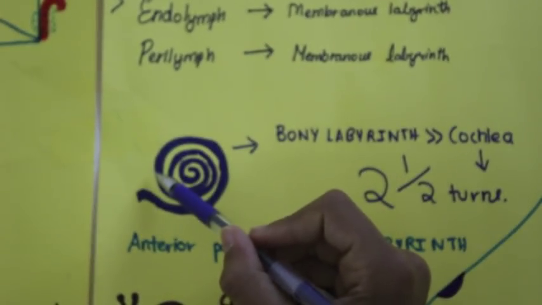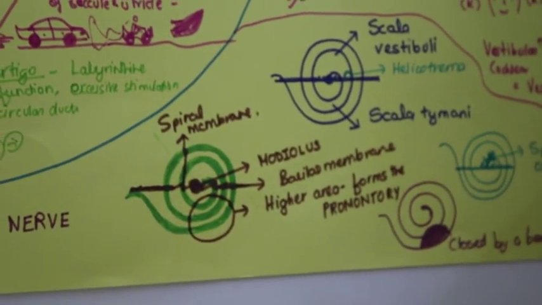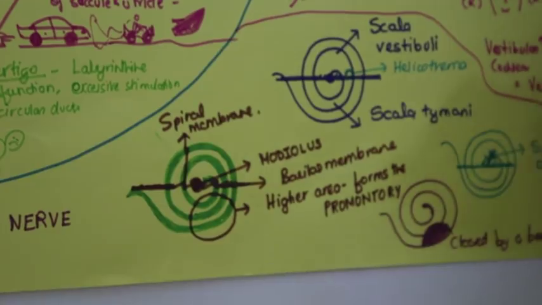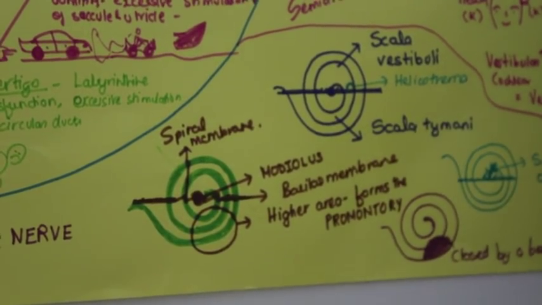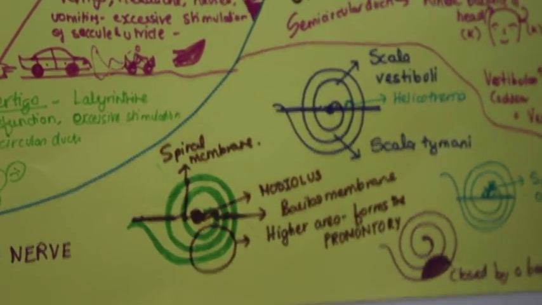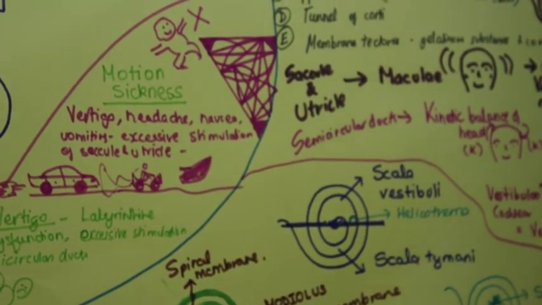Then we have the basilar membrane completing it, and the upper part of it is known as scala vestibuli, and the lower part is known as scala tympani, because the lower part is close to the tympanic cavity. The upper part is scala vestibuli because it's close to the vestibule.